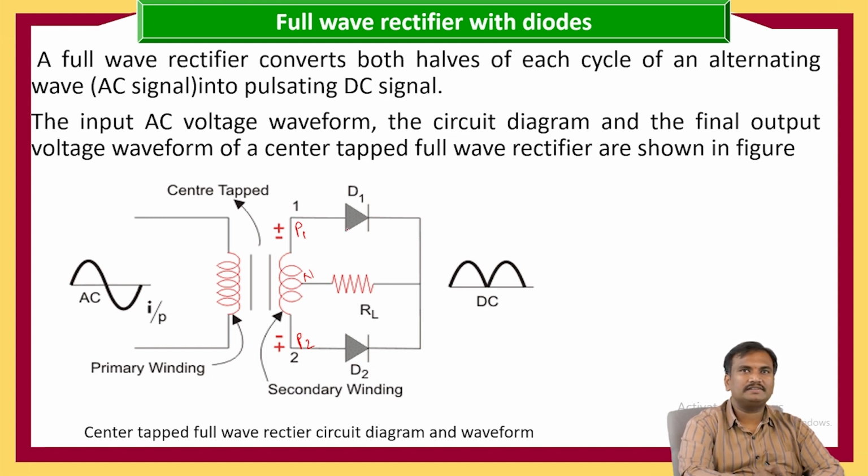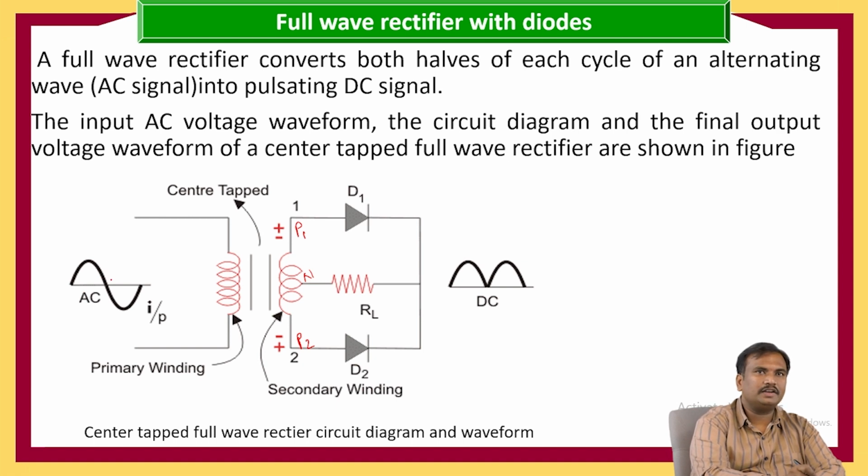For the first phase, the anode of the diode D1 is connected to P1, and in the same way, the anode of the diode D2 is connected to P2, and which is connected to this resistive load. So here, this is the AC input.